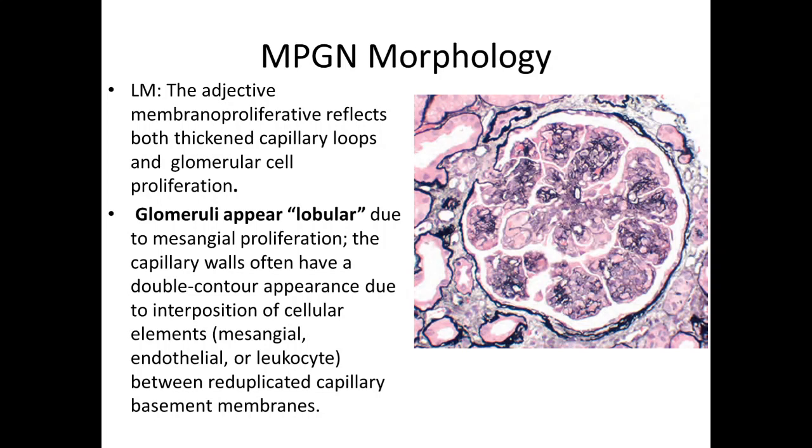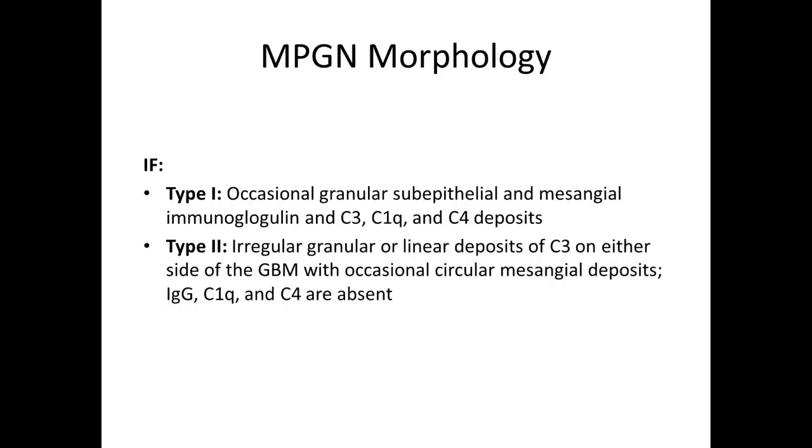Glomeruli appear lobular due to mesangial proliferation. The capillary walls often have a double contour, tram-track appearance, due to interposition of cellular elements, mesangial, endothelial, or leukocytes between the reduplicated capillary basement membrane.